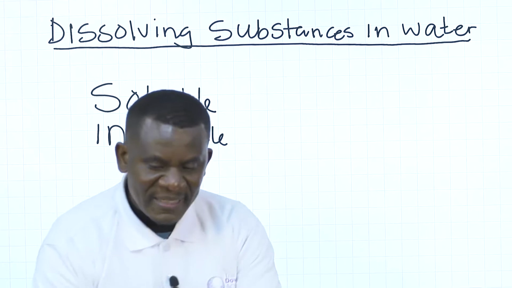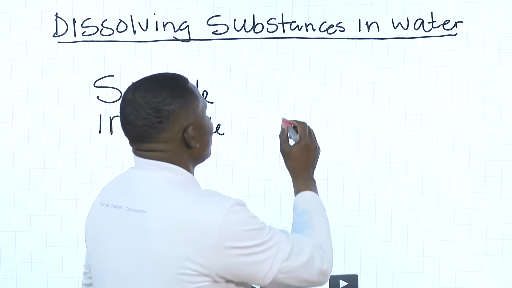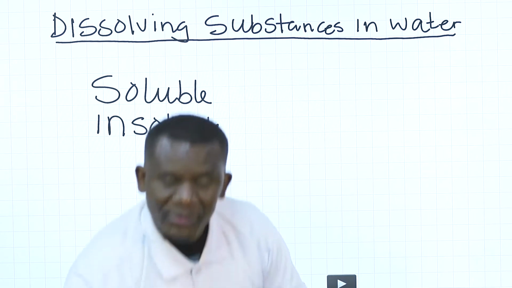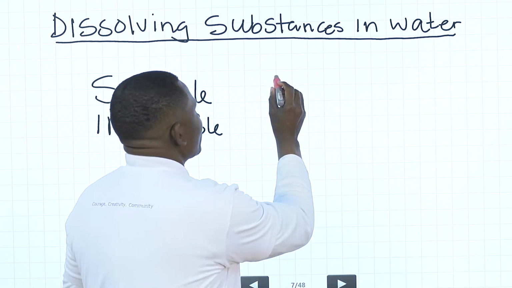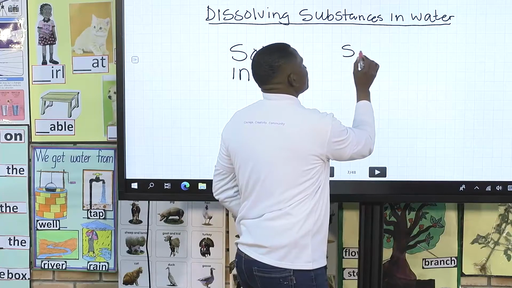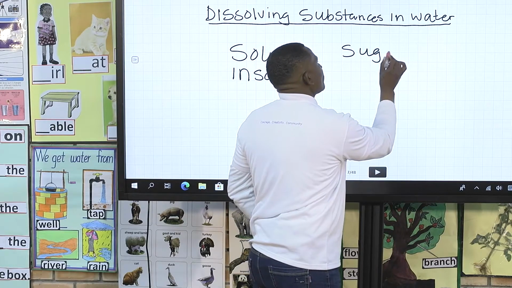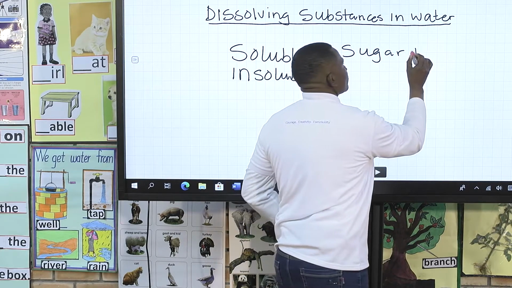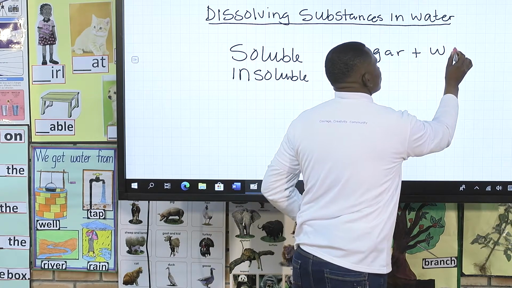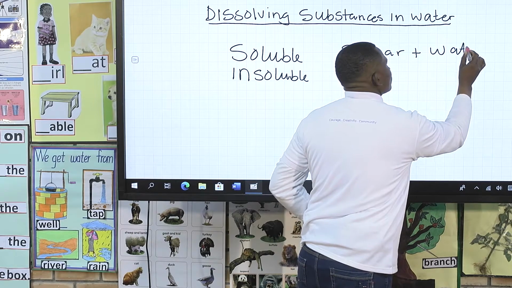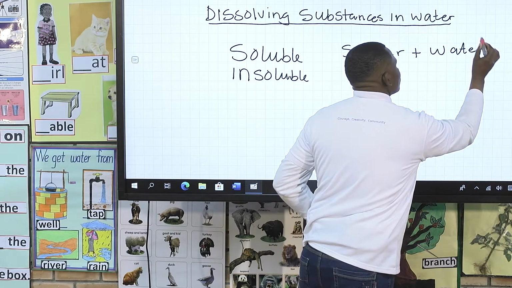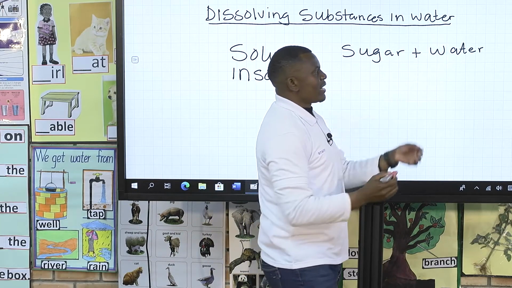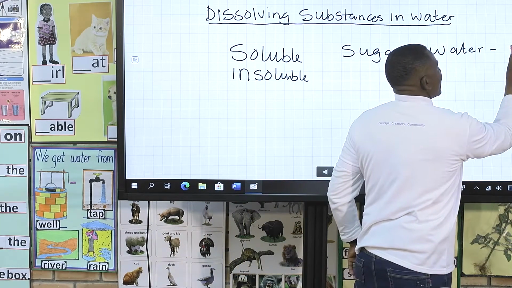So, for the substances that have dissolved, we have our sugar and water. Sugar plus water, we have a solution.